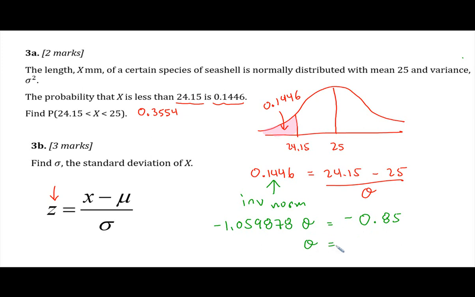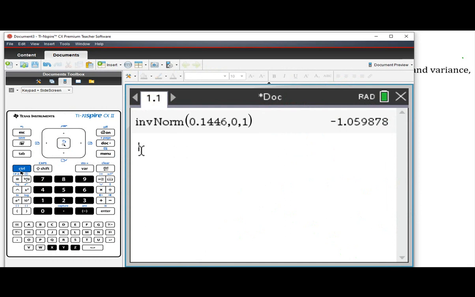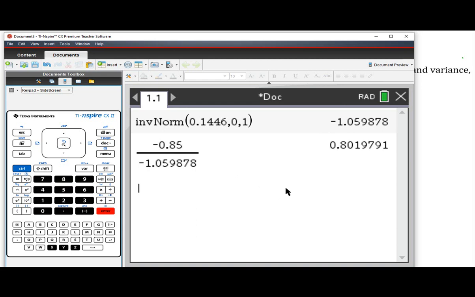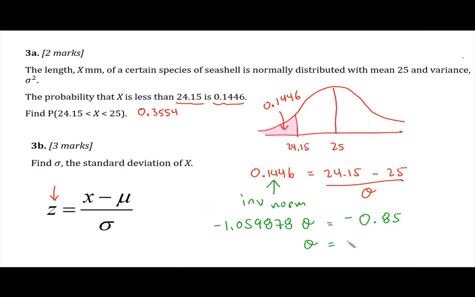Let me calculate that real quick: we divide negative 0.85 by negative 1.059878, and we end up with 0.802, rounded to 3 significant figures. So that will be our standard deviation.